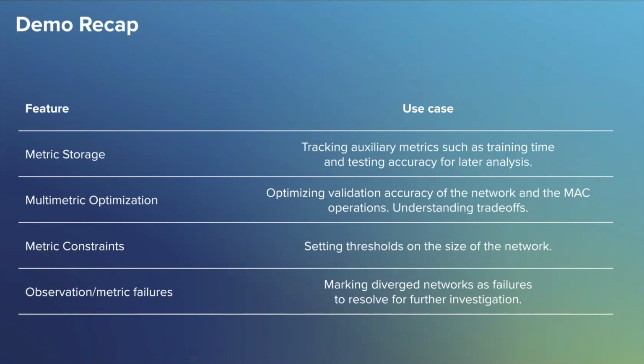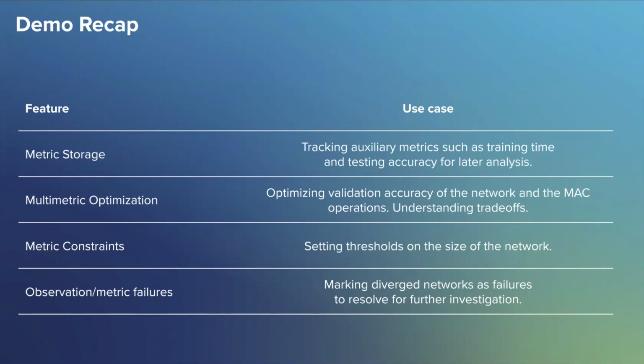With multi-metric optimization, the goal is to optimize competing objectives and understand the trade-off between them. In the last example that I gave, it is the validation accuracy and the number of MAC operations. With metric constraint, I can set a threshold on the size of the network.